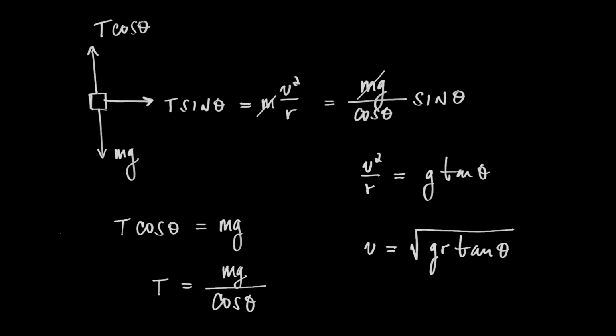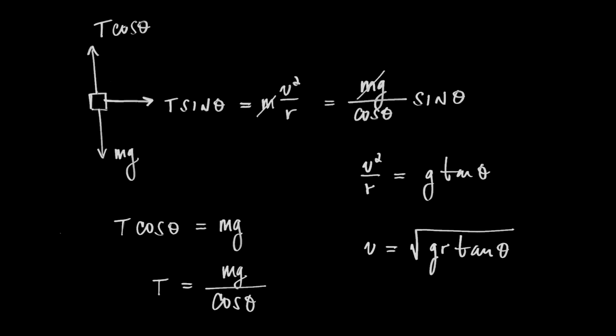There's only centripetal acceleration in this problem. There is no vertical acceleration. So the T cosine theta force upward has to be equal to the weight force mg downward, and therefore the tension is equal to mg divided by the cosine of theta.